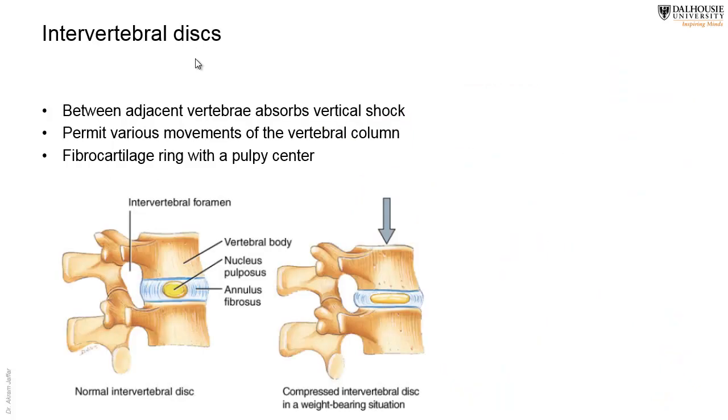The intervertebral disc is a joint, a secondary cartilaginous joint. The cartilage located on the periphery is a fibrocartilage. Remember, we mentioned last time we have 3 types of cartilage: hyaline cartilage, fibrocartilage, and elastic cartilage.